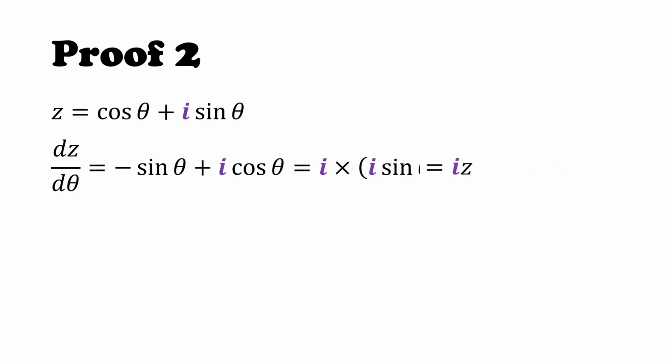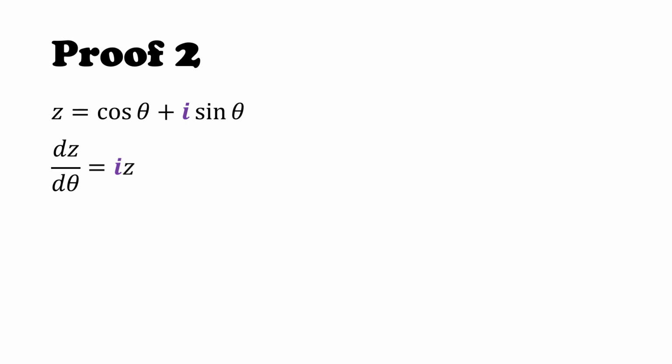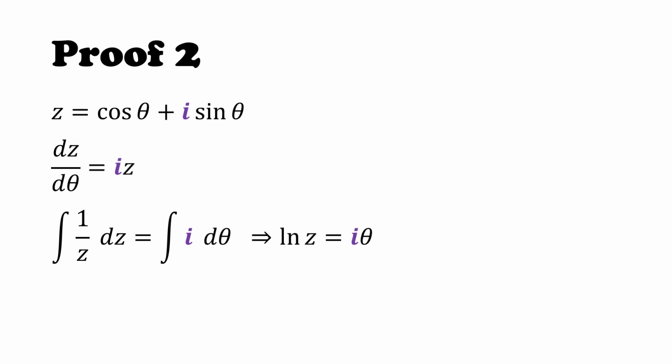And this, you might recognize, is a simple differential equation that you might have already solved before. So how do you solve it? You bring the z down to the left-hand side and you bring the d theta up to the right-hand side. And we integrate both sides. Integrating 1 over z with respect to z gives us ln z.